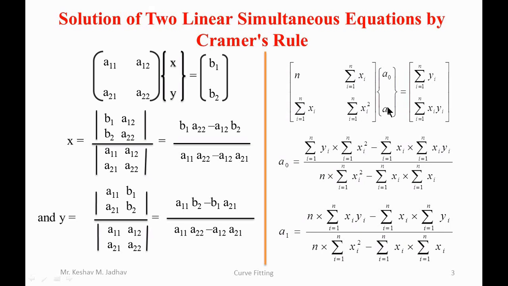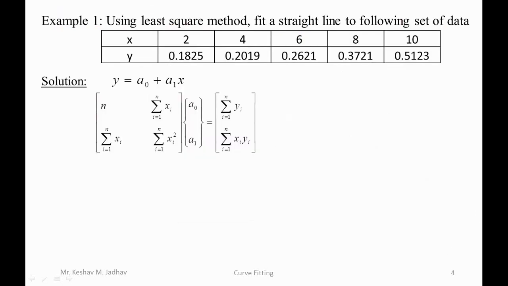In this way, if we solve this matrix by using Cramer's rule, we will get formulas for a0 and a1.